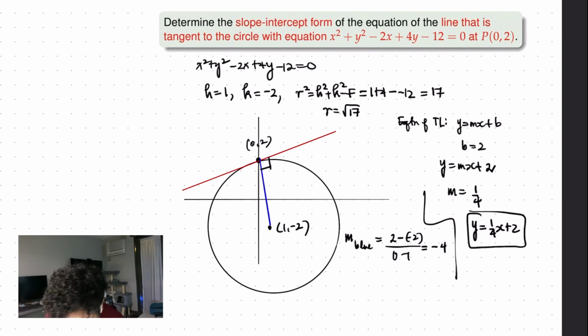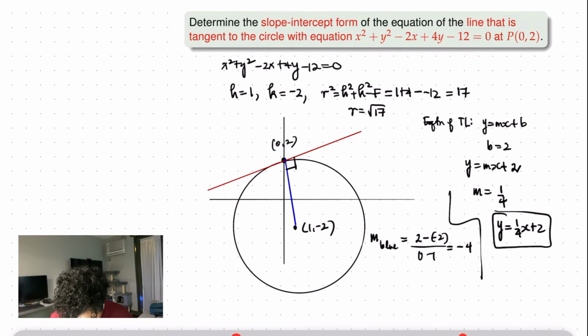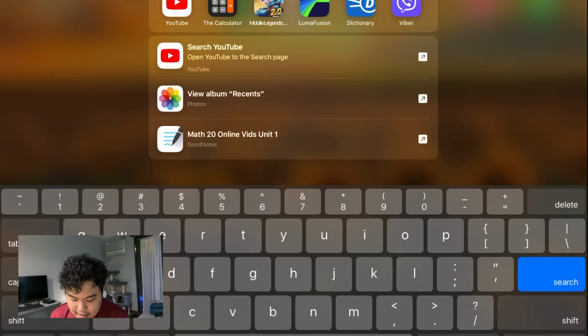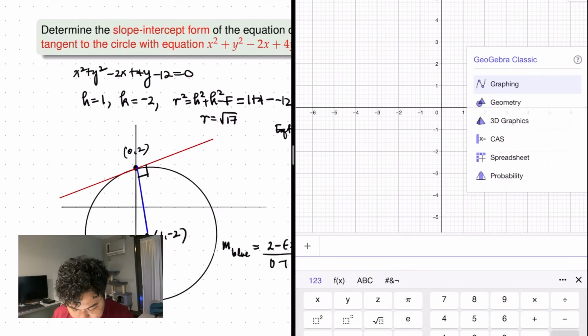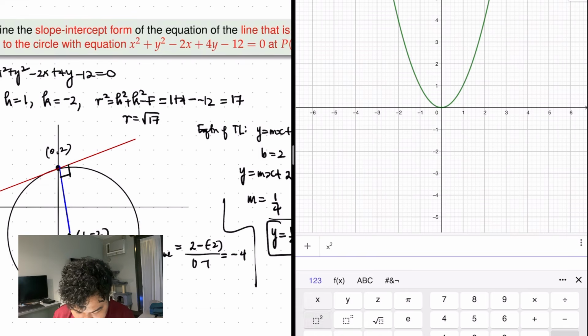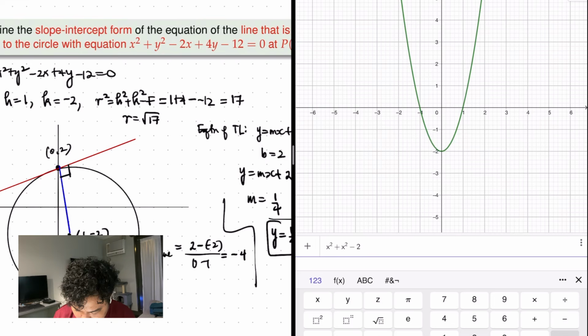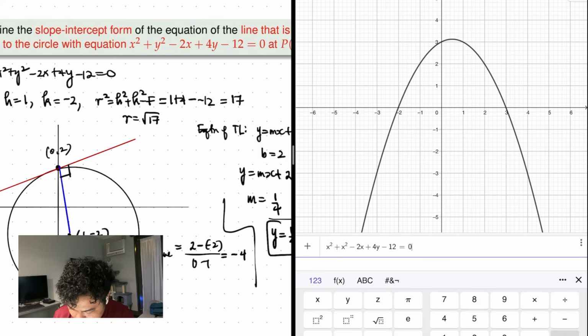And we can actually check this using a graphing utility. So, i-check natin siya. Para lang magkaroon tayo ng appreciation dun sa ginagawa natin. Para nakikita natin siya. So, yung equation ng circle, i-type natin. So, it's x square plus y square minus 2x plus 4y minus 12 equal to 0. Ulit nga, ano ba yan? So, it must be x squared plus y squared.